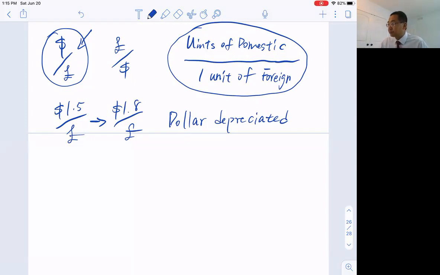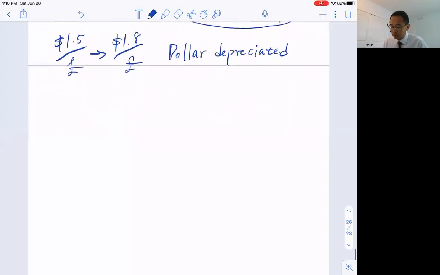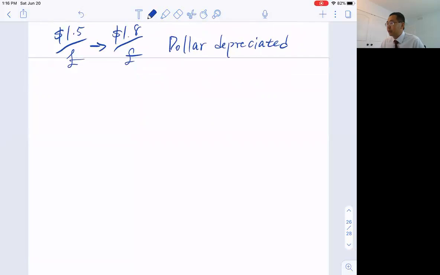Now, of course, currency depreciation and appreciation just mean whether it takes more units of a nation's currency to buy one foreign or less. However, when it comes to exchange rates, there are about 200 something different currencies in the world.